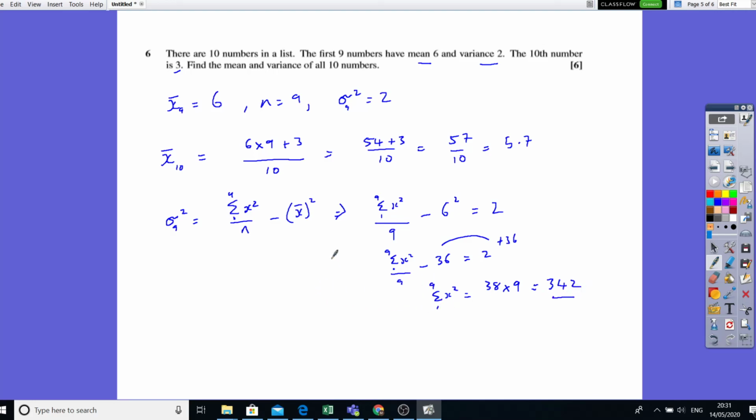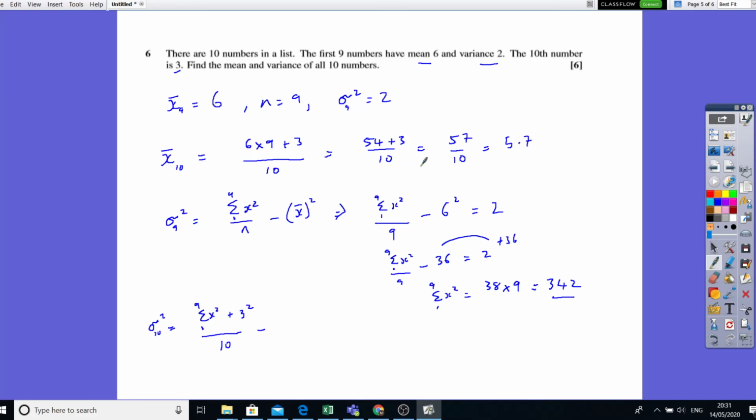Okay, so now we've got exactly what we need. If I want the variance of the 10 numbers, I need the sum of all the x's squared. So I know that the sum from 1 to 9 of x squared, plus that 10th number, which is 3 squared in this case. So now I've got all the x squareds divided by 10 numbers, take away the mean squared of the 10 numbers.